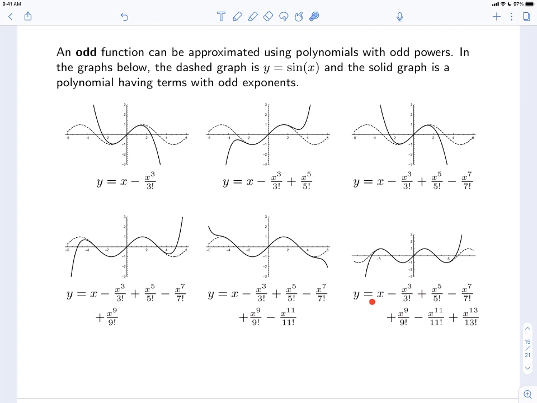We're alternating between positive and negative, and then we just move to the next odd exponent, and we divide by that exponent factorial. And the more terms that we add in, the better the approximation becomes. Now there's a theorem as to why that's true, but that's, again, best left for another day.